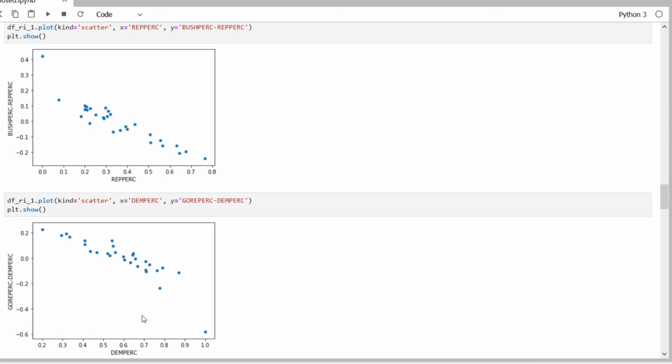So this is Bush, who voted in percent compared to the people who voted for the Republican Party, and then I did the same for the Democratic Party with Gore versus the Democratic Party. So these two graphs will correspond. Both of these two are a county, and on the left in the Republican graph, you have precincts that don't have a lot of people voting Republican. And on the right, you have a high percentage of people who are voting Republican.